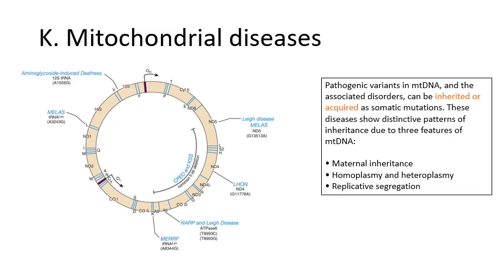When a cell with heteroplasmy divides, there is replicative segregation. Some cells might get more of the abnormal mitochondria, and some cells might get less or no abnormal mitochondria. So when it replicates, the segregation is not equal.